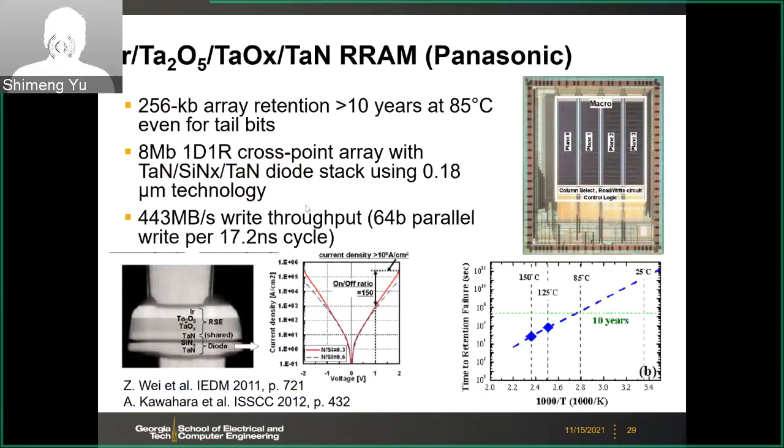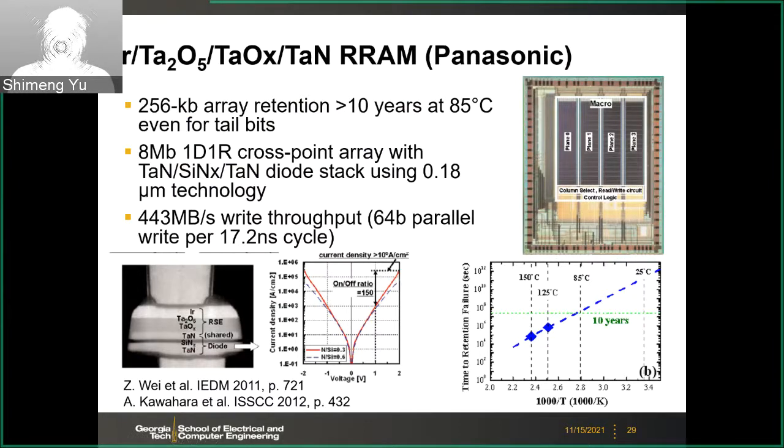And then in ISSCC 2012, Panasonic reported this tantalum oxide-based RRAM. Actually, this is a cross-point array, not 1T1R in this example. So they do have a bidirectional selector based on silicon nitride.